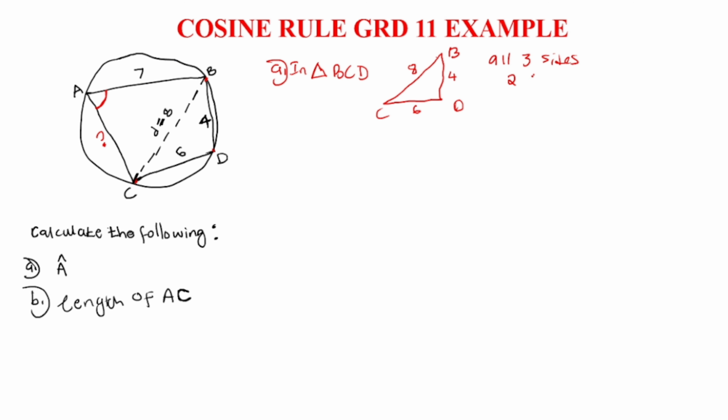Let's have a look at this one. We are given 3 sides, so it means we can use cosine rule. They're not asking us for the area, therefore we can use cosine rule.